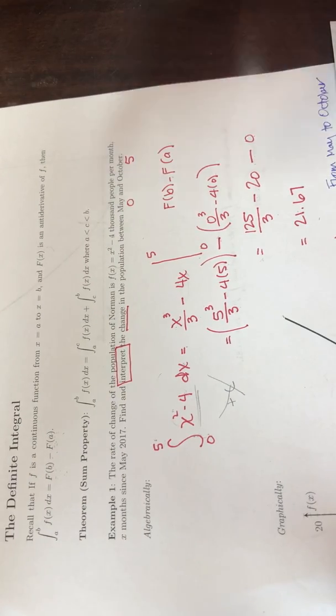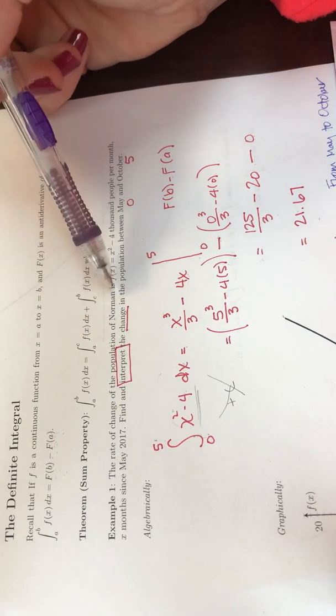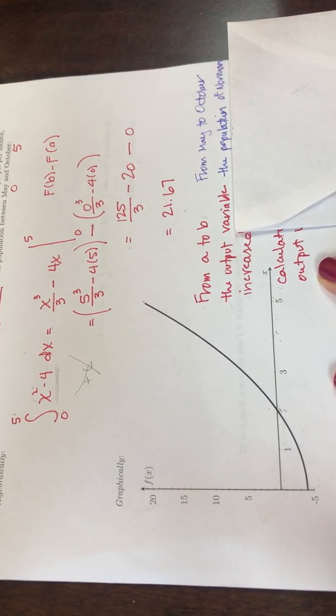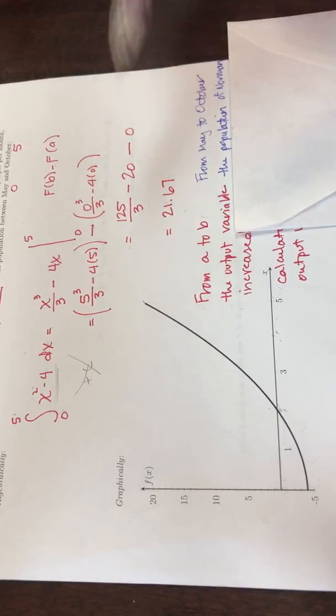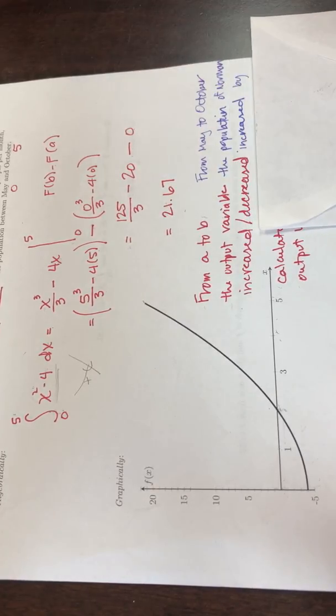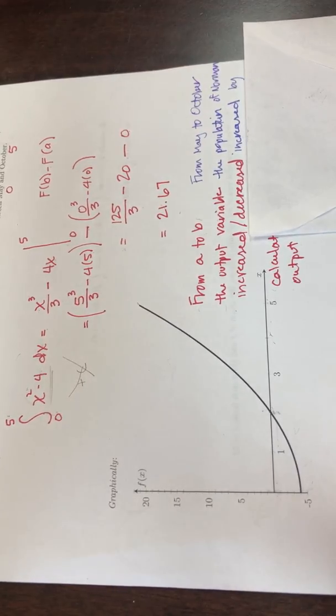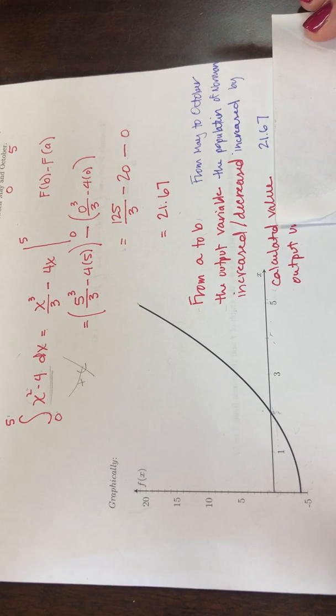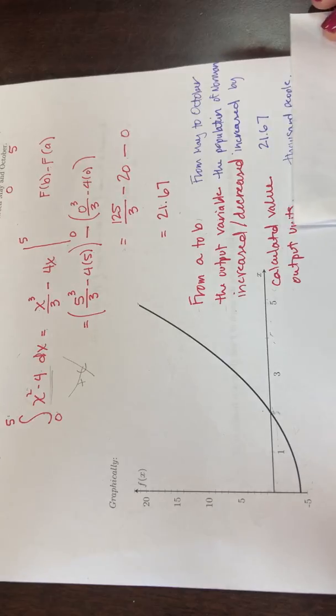What's the output variable? Well, we're measuring the population of Norman. So from May to October, the population of Norman, this is a positive number, so we say it increased by, now we do the calculated value, we write down that number, 21.67, 1,000 people. Not 1,000 people per year.